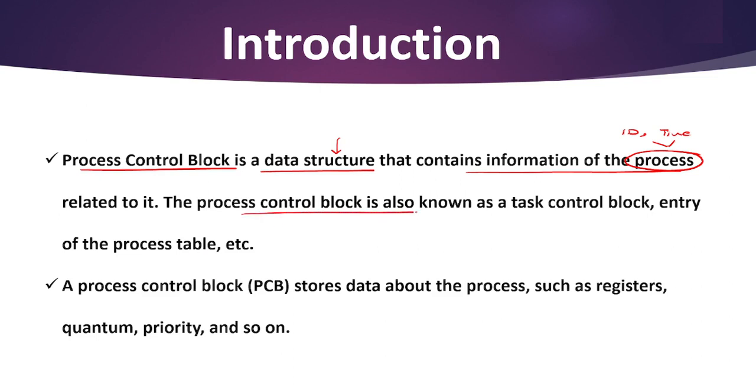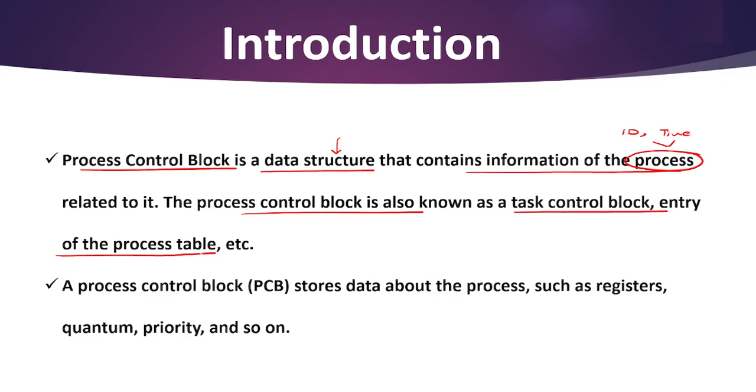The process control block is also known as a task control block, entry of the process table, etc. Other than this, we can say that whenever a process is created by the operating system of your computer, it automatically creates a data structure, and the data structure is used to store the information of that process.